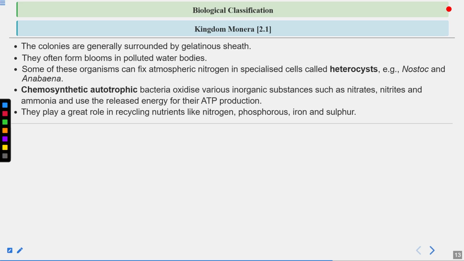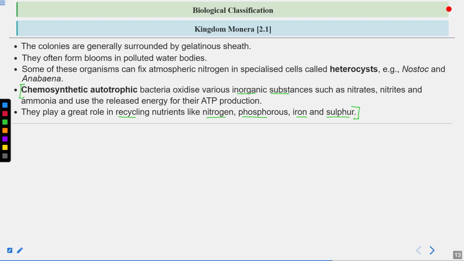Now, they play a great role in recycling nutrients like nitrogen, phosphorus, iron and sulfur. So again, you should remember that these chemosynthetic autotrophic bacteria help in nutrient cycling, as they use inorganic substances for energy production. Nutrient recycling is very important.